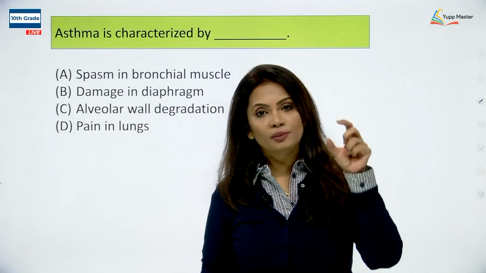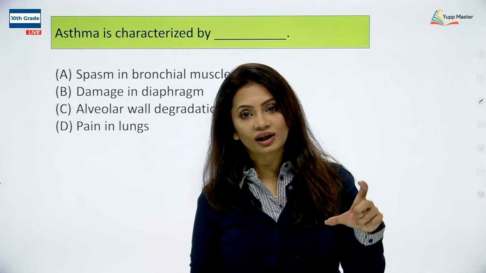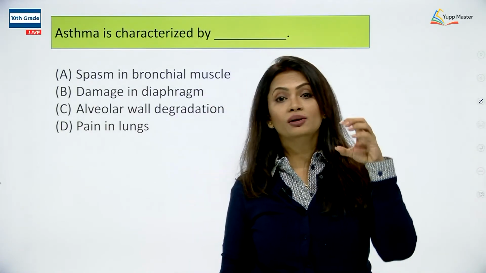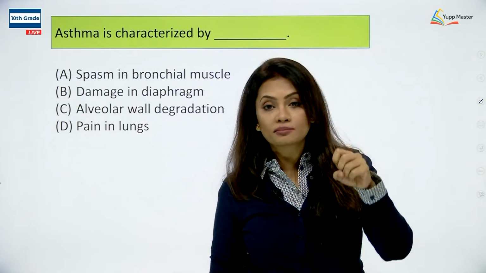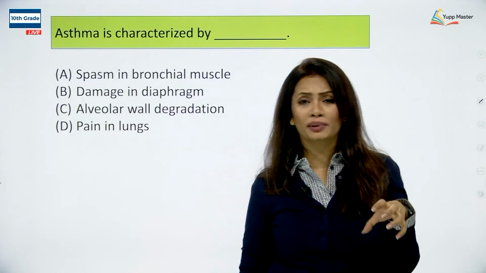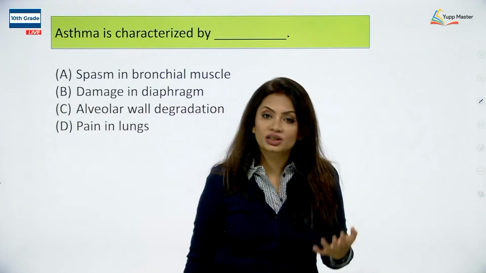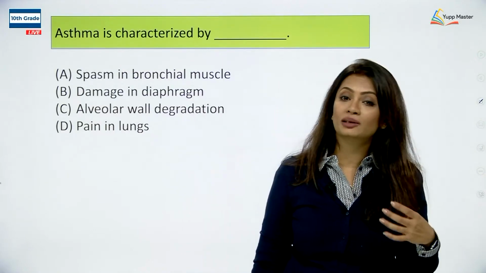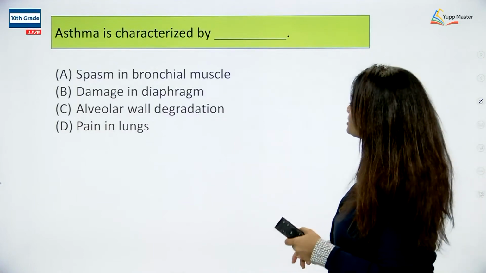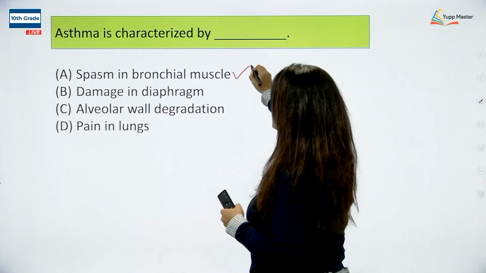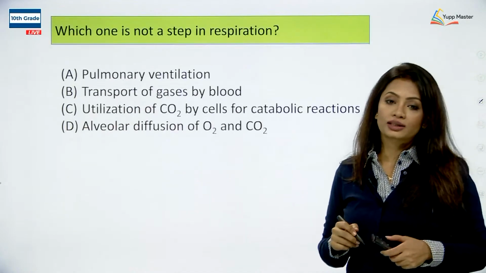The bronchioles, which are already inflamed, would get even more inflamed, and there would be spasms, contractions and relaxations happening, and then there would be secretion of fluid there too, which is the reason why the person finds breathing even more difficult at this time. So here asthma is characterized by spasm in the bronchial muscles. Alright, let's come to the next question.